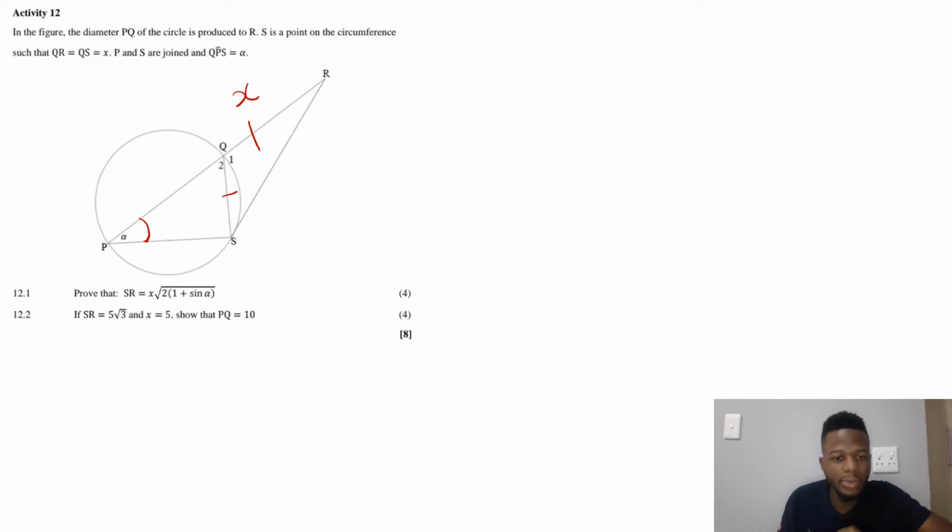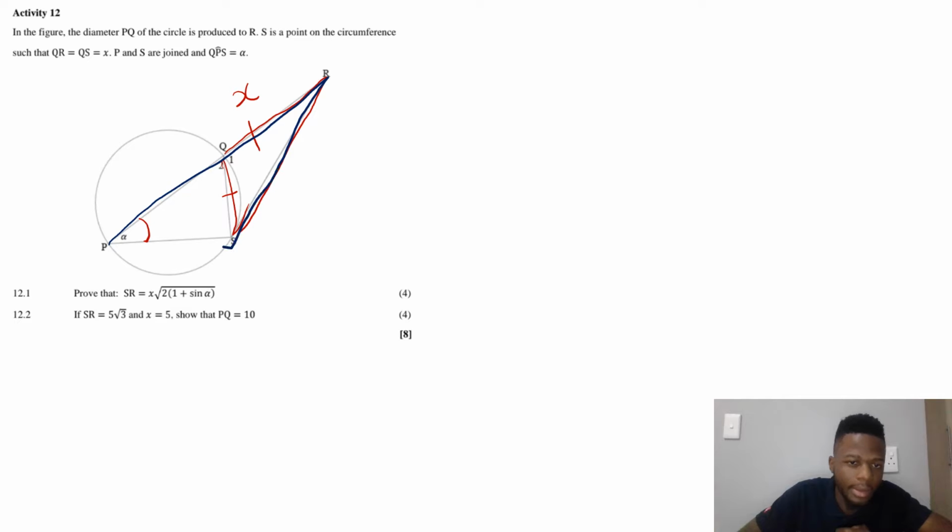So we need to check the triangle that has SR. If you check very well, there are only two triangles that have SR here. Triangle QRS, this triangle has RS. And the other triangle that has RS is triangle PRS.